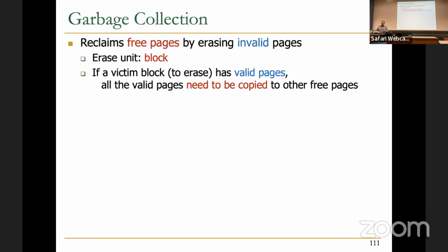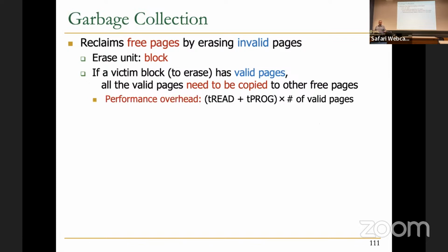That operation reclaims free pages by erasing invalid pages. But the problem is that the erase unit is a block. So we need to come up with a victim block, and that victim block can also have some valid pages. You first need to copy all the valid pages to other free pages, and then you can erase that block.